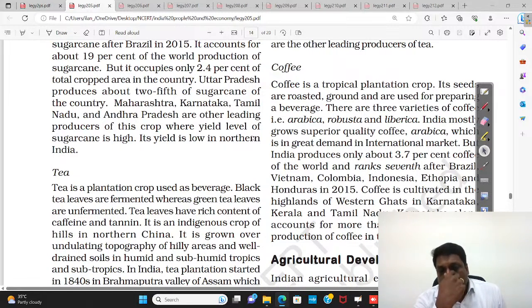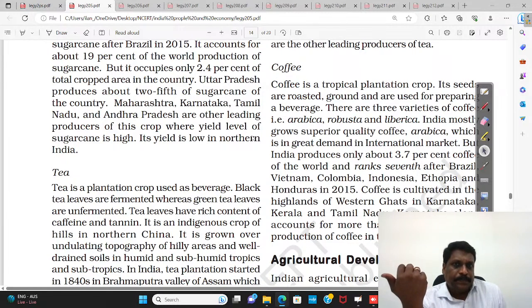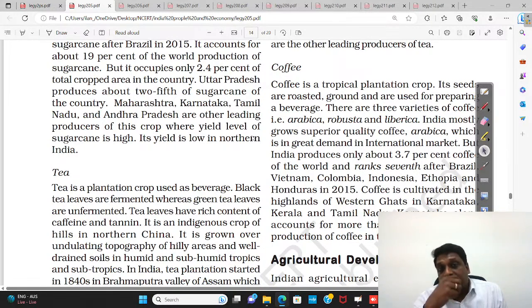On the other hand, for tea, having a shady plant is beneficial. So more or less the temperature needed, the amount of precipitation needed, and the kind of soil needed are the same. But what is the difference, I'll tell you.